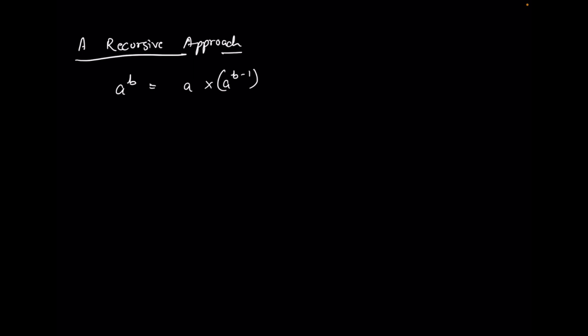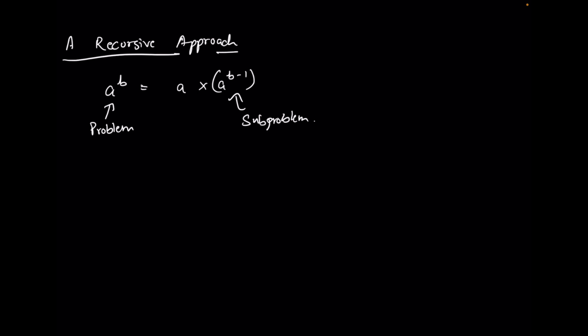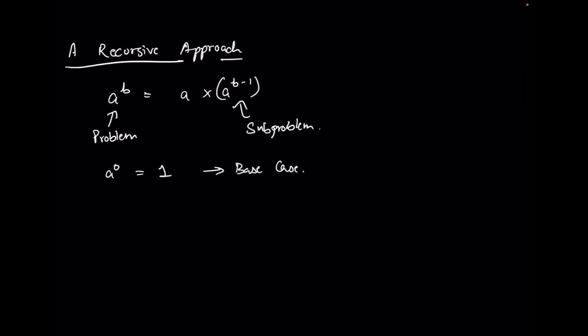This recurrence relation gives us inherently a recursive approach, in which a to the power b, which was actually our problem, is now broken down into a subproblem, which is a to the power b minus 1, right? Along with this, we also know that a to the power 0 is equal to 1 for any a. So this can be our base case, right?